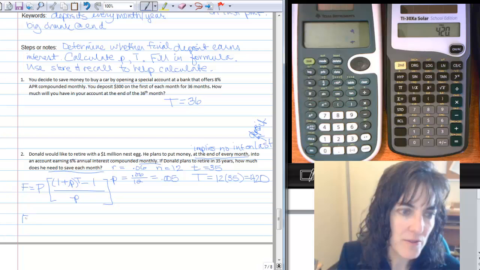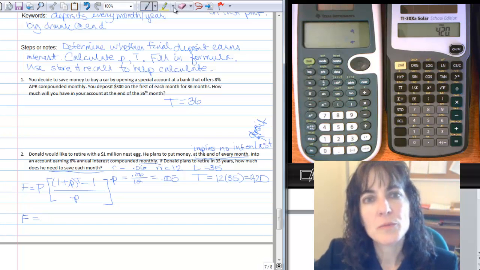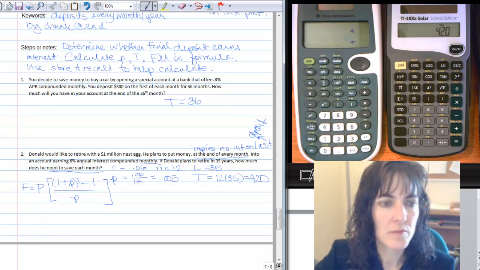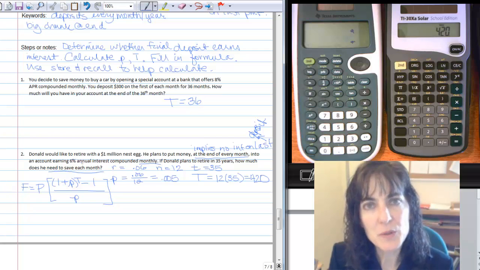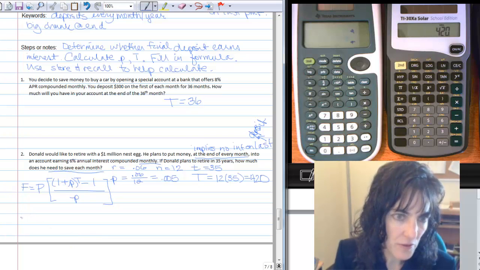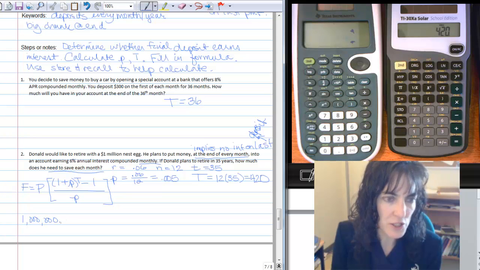So I have F equals capital P. Remember this one, we know the amount we want to end up with. So I have to write out $1 million. $1 million, so it's 1,000,000, and let's check it.